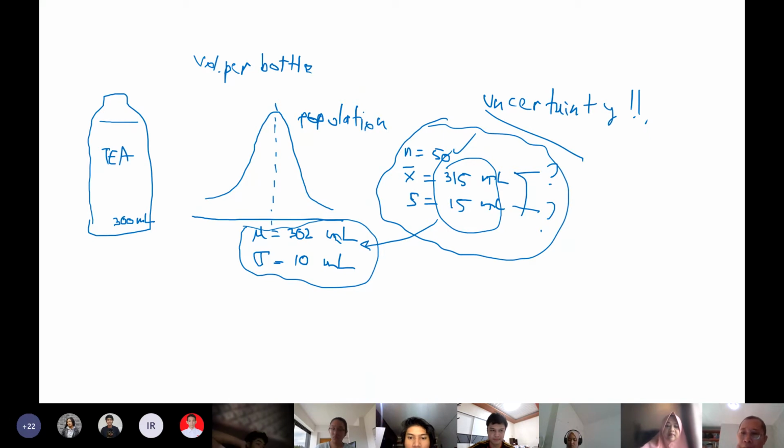Okay, measurements differ, results will vary, observations will vary from time to time. Errors will be made. There will be some errors in measurement, inevitably. There will be some inaccuracies, imprecisions. So we cannot predict what result we're going to have.